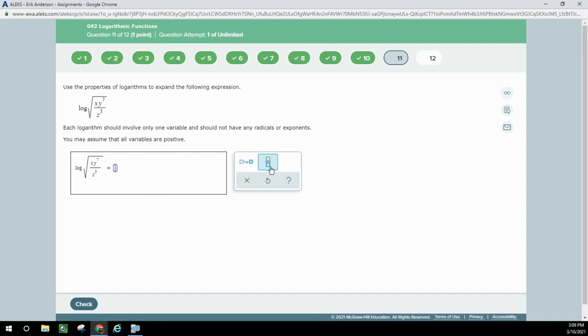So 1/2 log of x plus 7/2 log of y minus 3/2 log of z.